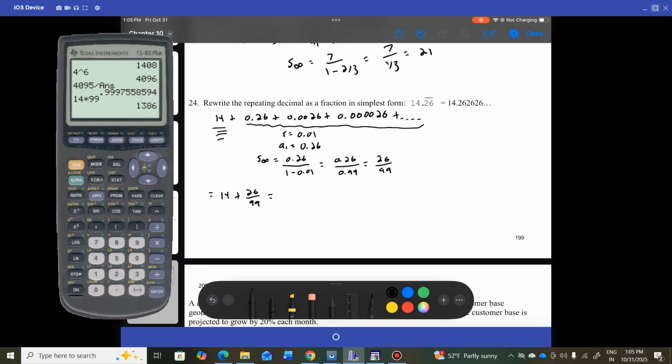So we'll have 1386 plus 26 over 99. Add 26, we get 1412 over 99. And when we divide 1412 by 99, we get our 14.26 repeating.